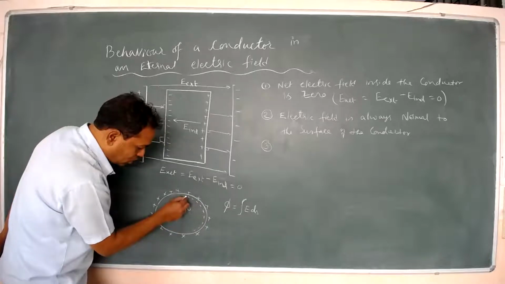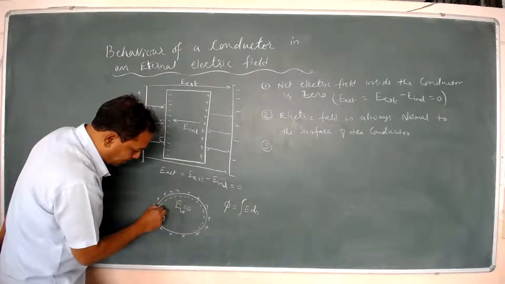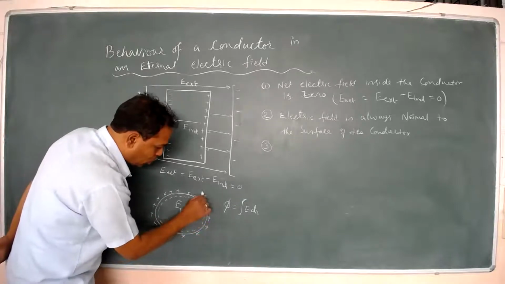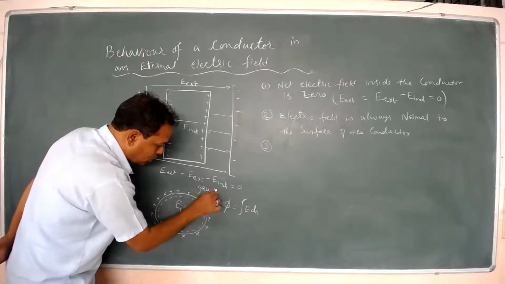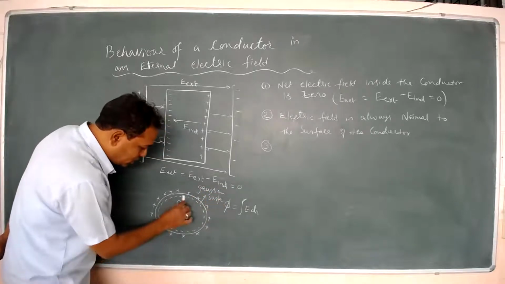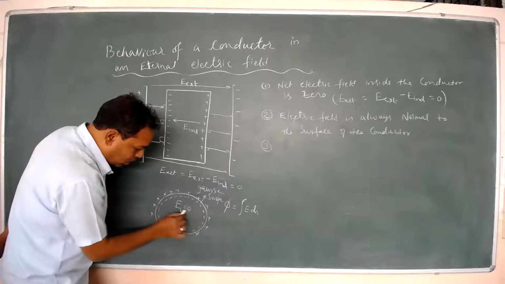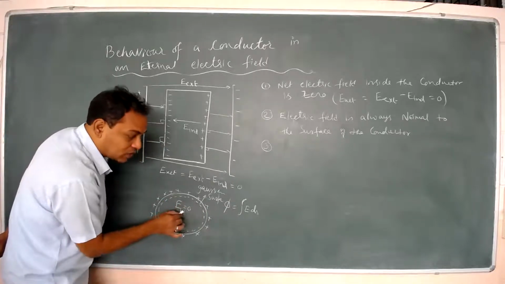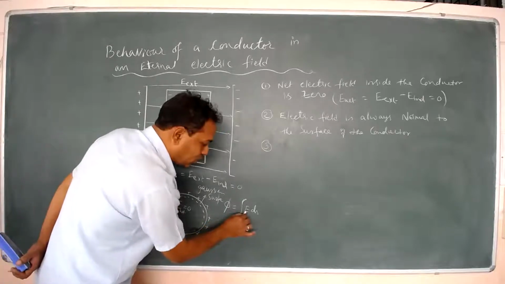Suppose this is the Gaussian surface I have taken. Inside this Gaussian surface, the electric field is 0.